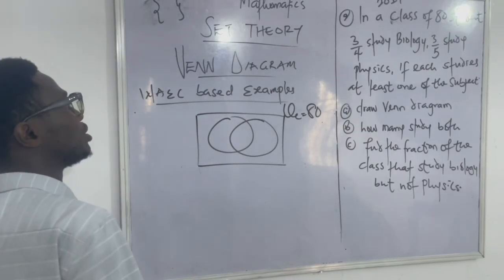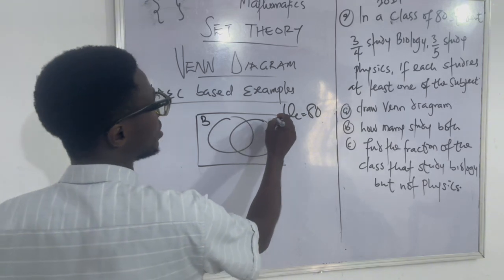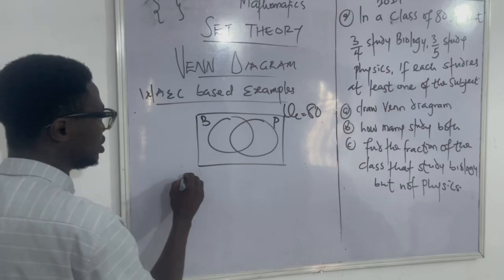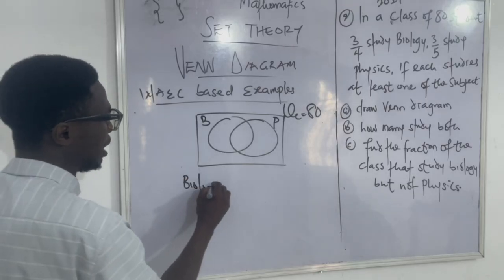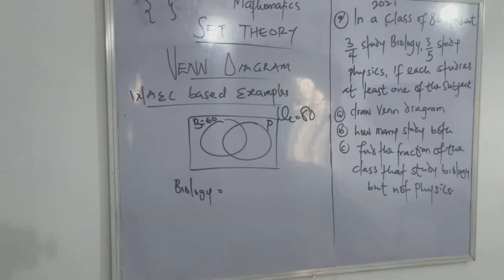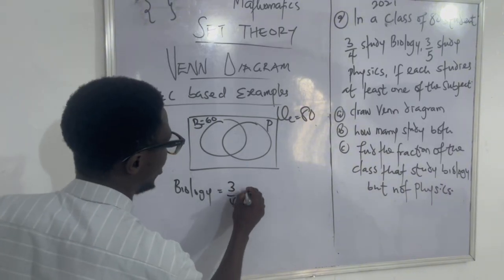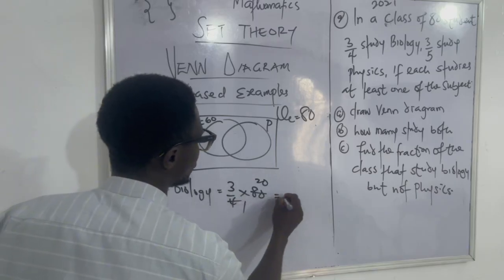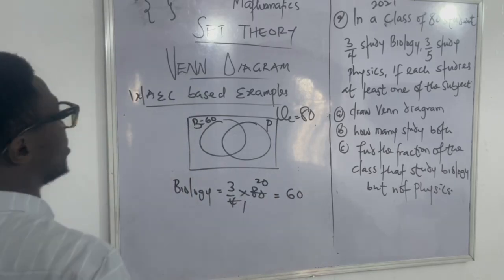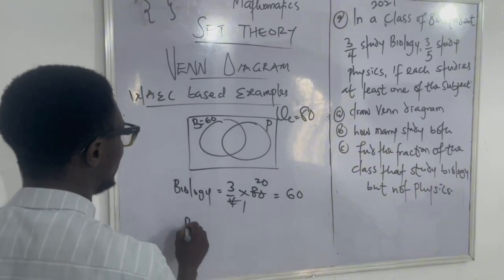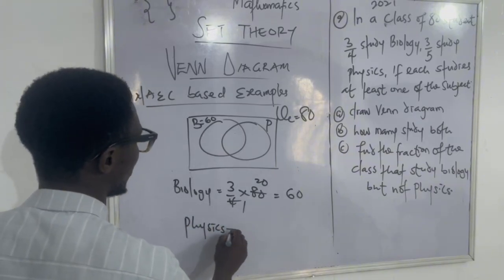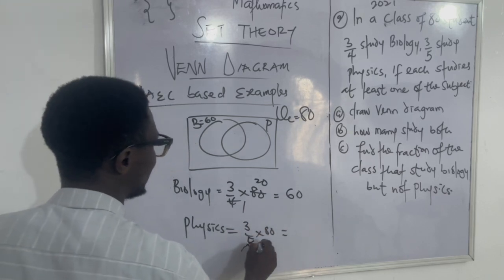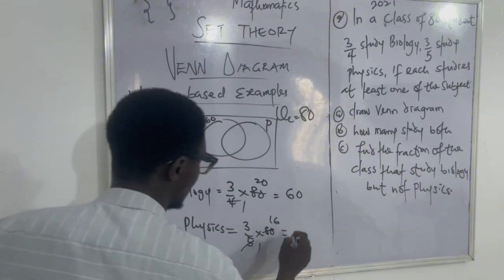Let's say this is biology and this is physics. 3/4 times 80 is 60 students who study biology. For physics, 3/5 times 80, that's 5 into 80 is 16, 3 times 16, that's 48.